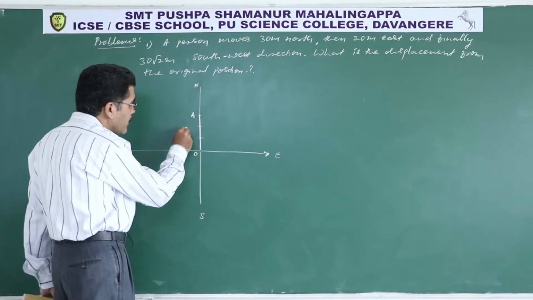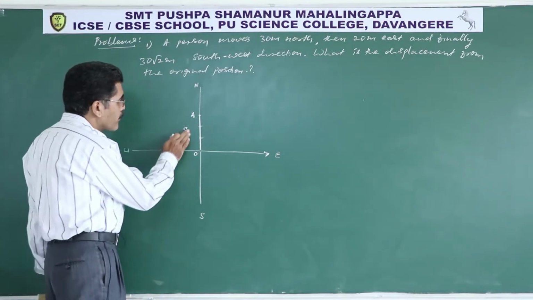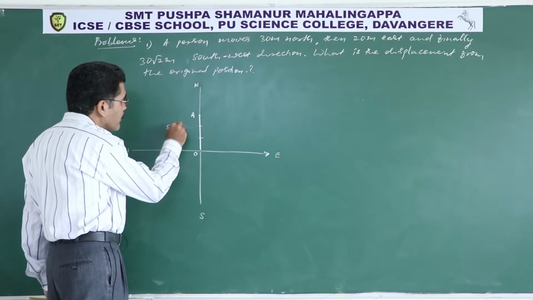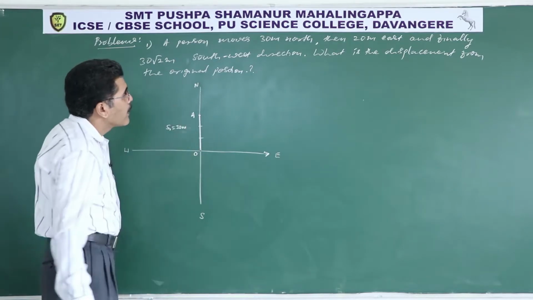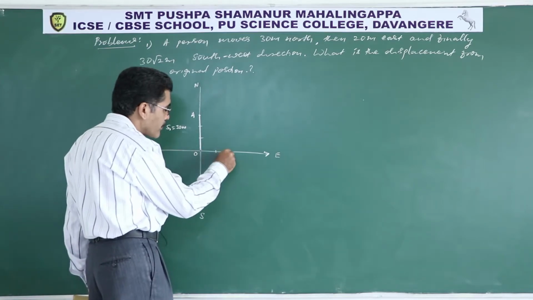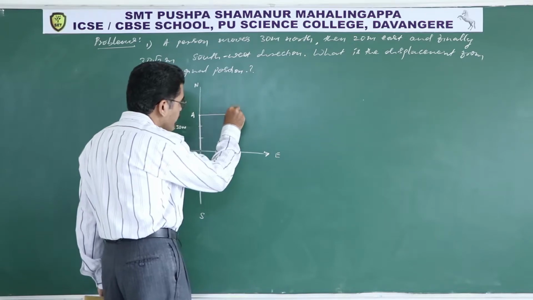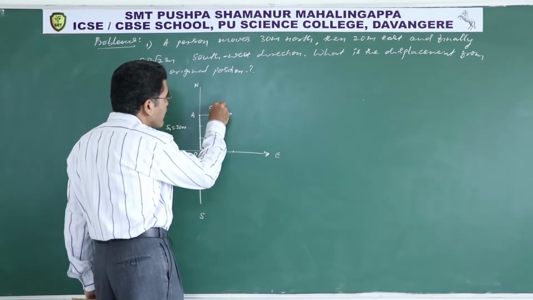This is S1. He covered 30 meter, so S1 is equal to 30 meter. Then he moves 20 meter east, S2, 20 meter.